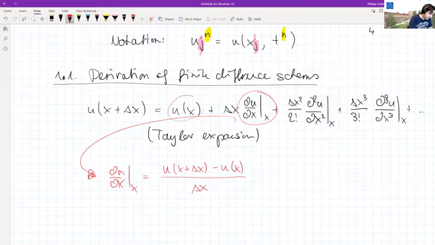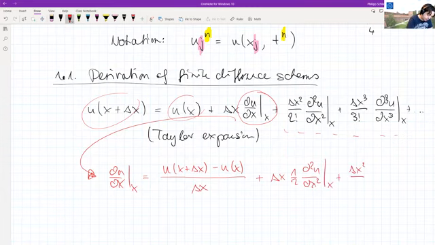And then, so that's this term and this term. And then, of course, we have all these other terms as well, which we can write here at the end. So that will give me delta x times 1/2 d squared u/dx squared at x plus delta x squared divided by 3. That's 6, of course. Sorry. 6 times d cubed u/dx cubed at x, and so on.